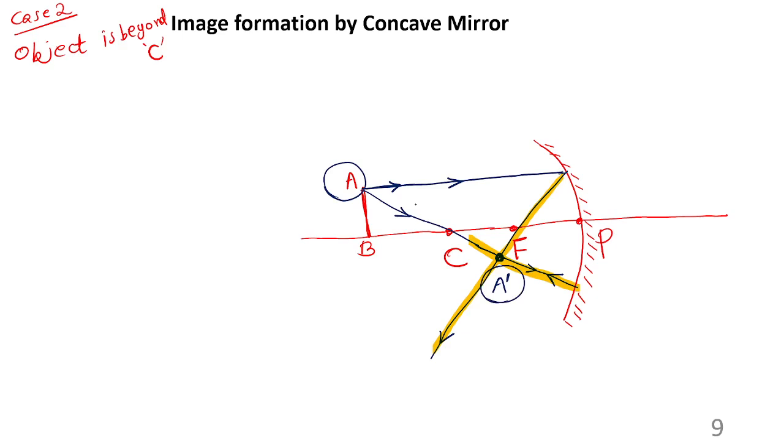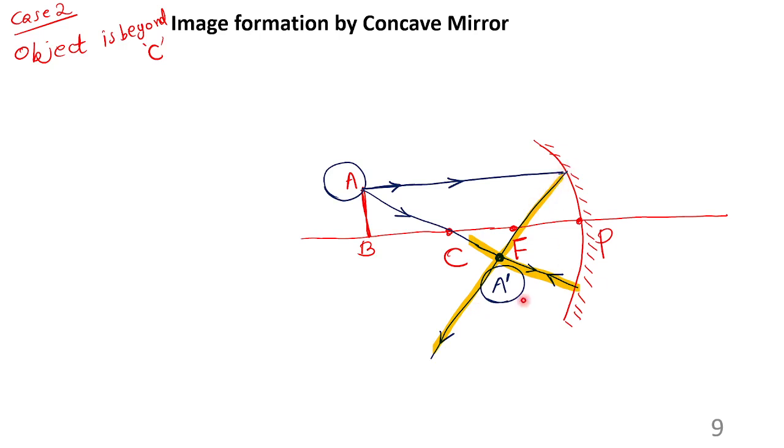I will definitely repeat, but let me complete it. To find the image of a point, this is the general principle. We have to draw just two convenient rays from the point. We prefer the horizontal ray and the ray passing through the center of curvature.